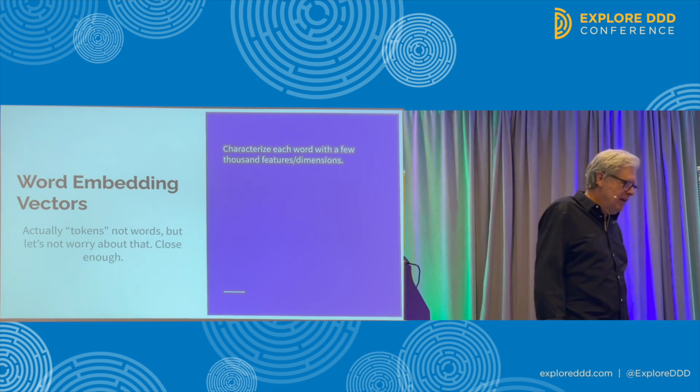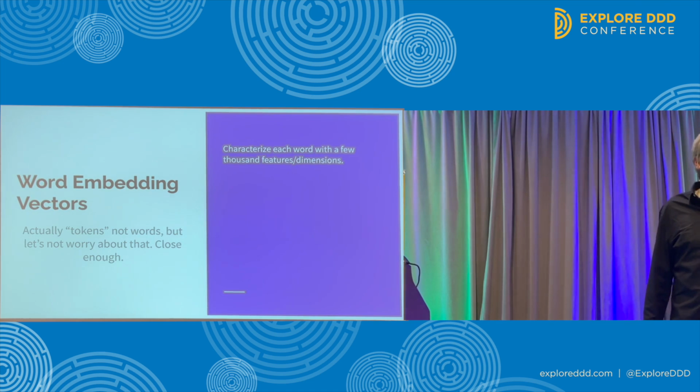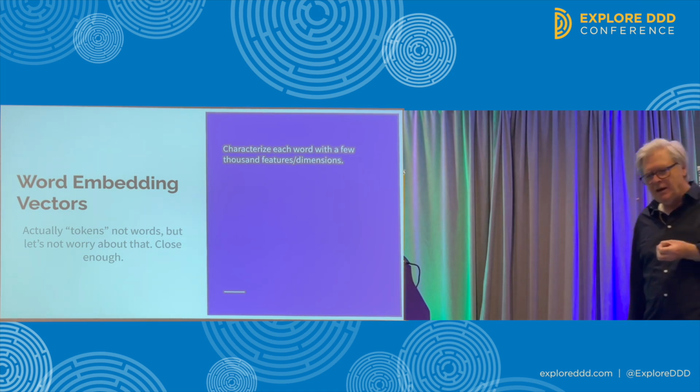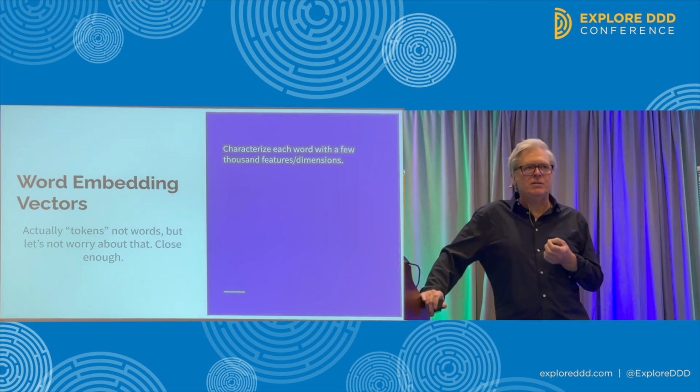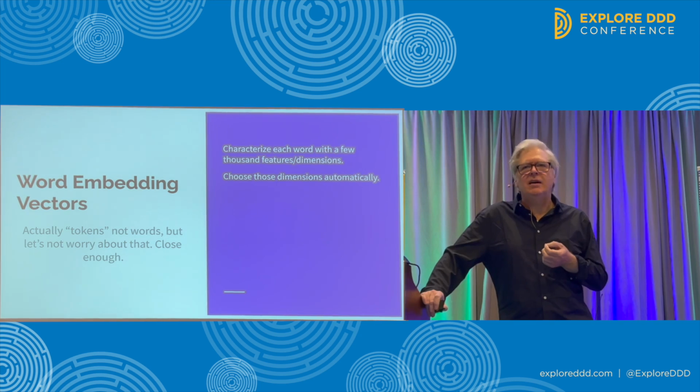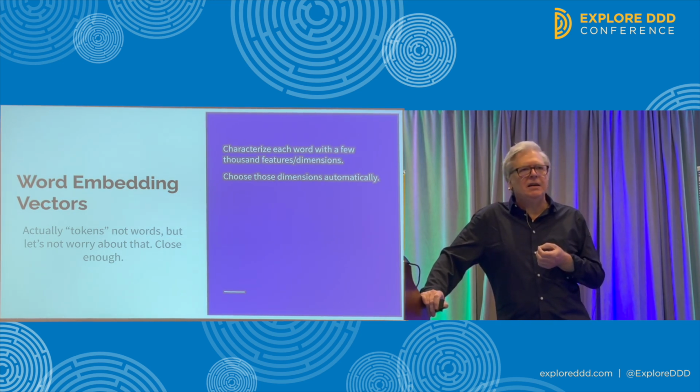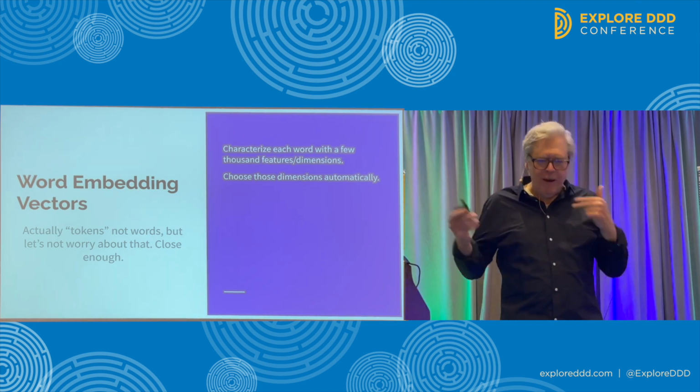To do that, we're going to have more than two dimensions, in a typical case maybe a few thousand. We're not going to have a person sit down and think, well, we need a dimension for how bright an object might be, and one for how loud the music might be, and one for how many people are in a room, and so on.